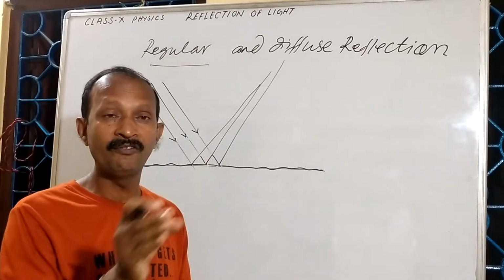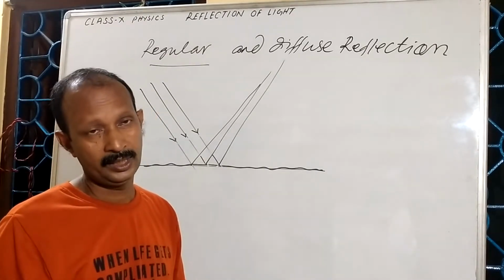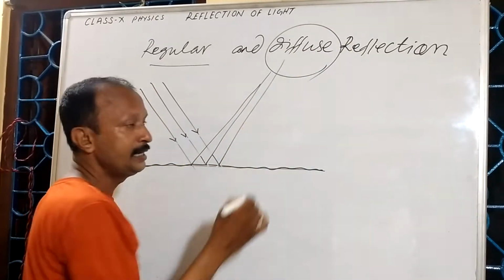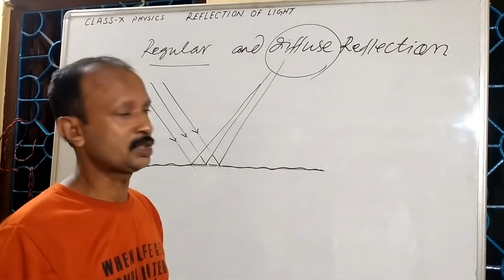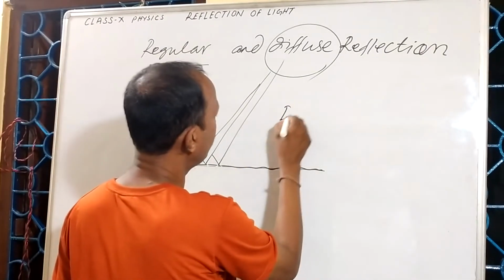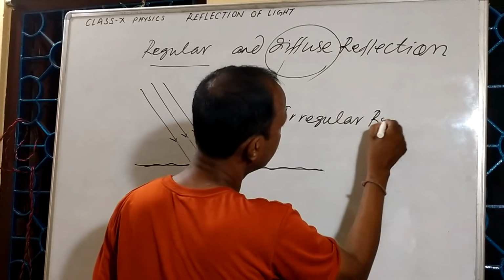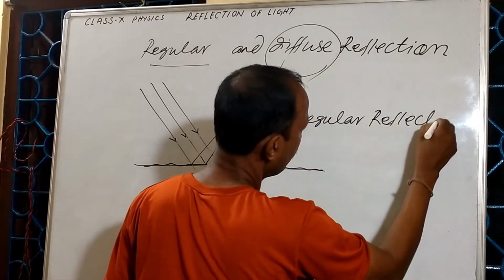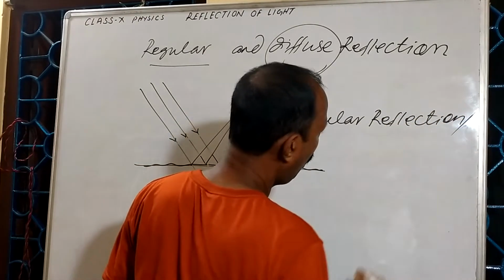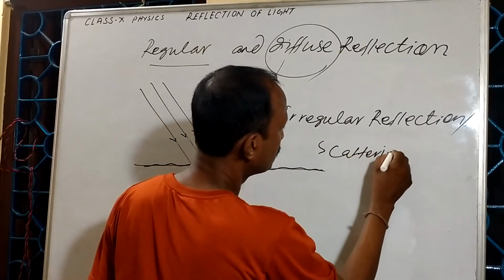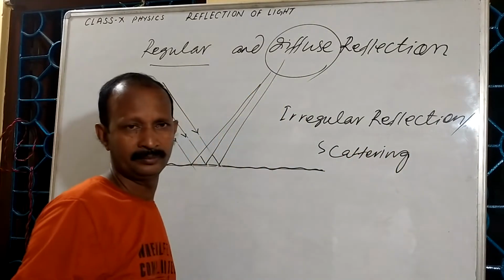They move in different directions. So this type of reflection we say is diffuse reflection, or we can say it is irregular reflection, or we can say this is scattering.